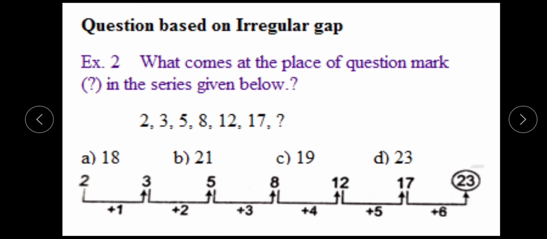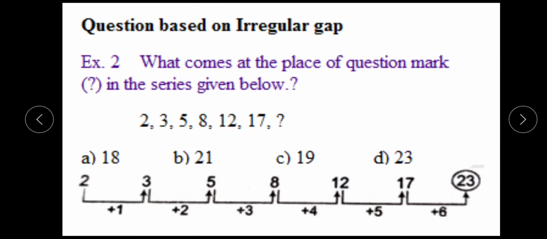Very easy it is. Next, questions based on irregular gap. It means in addition also, the gap can be irregular. How? If the series given is 2, 3, 5, 8, 12, 17, what will be the next term? In 2 we added 1, we get 3.